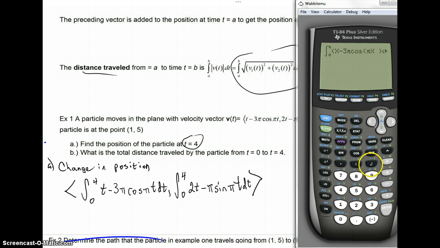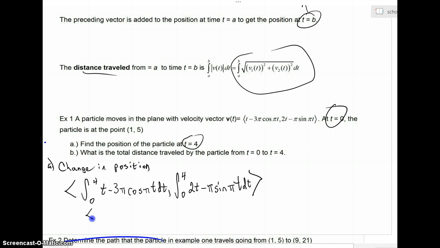I'll close the parentheses there. And this other parenthesis is indicating it's the close of the integrand. And we'll just say do this with respect to x. Hit enter and you can see we get 8. So right here we'd have 8 for our x component.